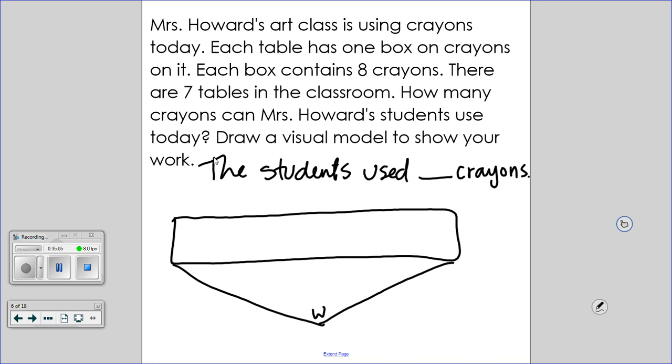I'm counting crayons. Do I know the total number of crayons? No, I don't. I know I don't know because my question is, how many crayons did they use? So I do not know my whole.